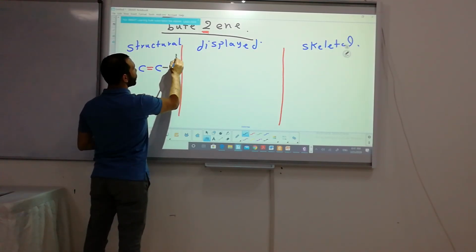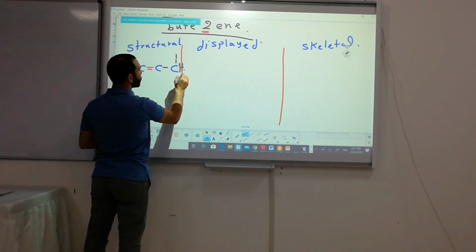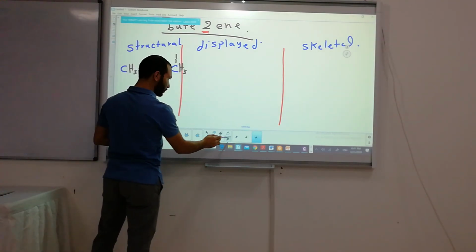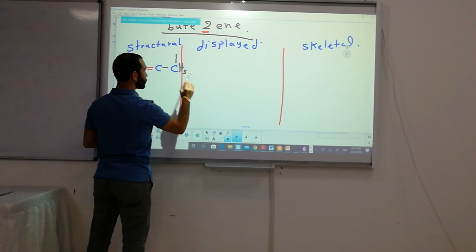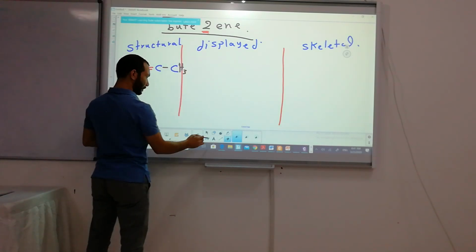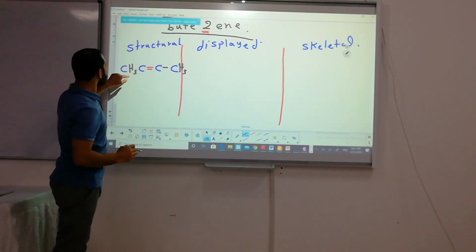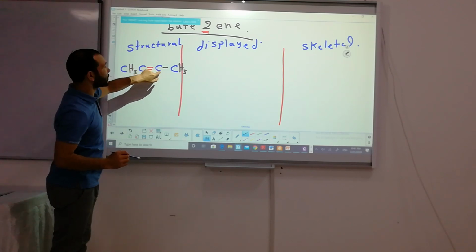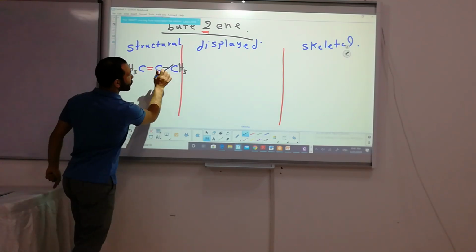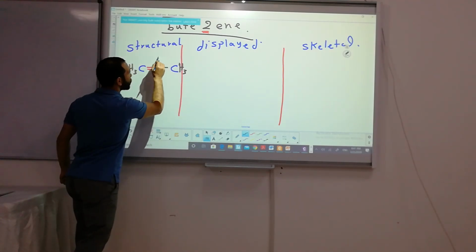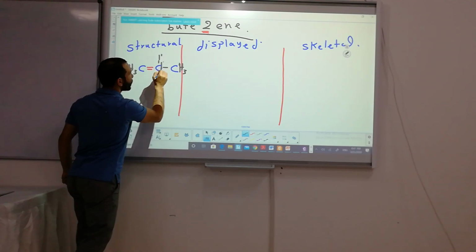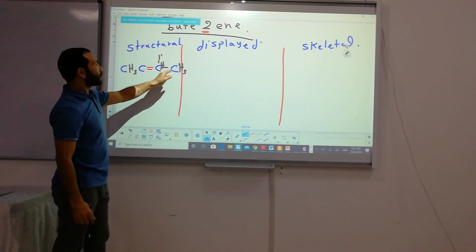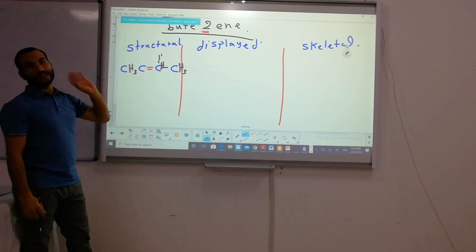Here is CH3. If you count the carbon, CH3, C double bond, C, here is, of course, one bond, 3. So we write here H. I can write it here, no problem. CH, CH3. This is called the structure.